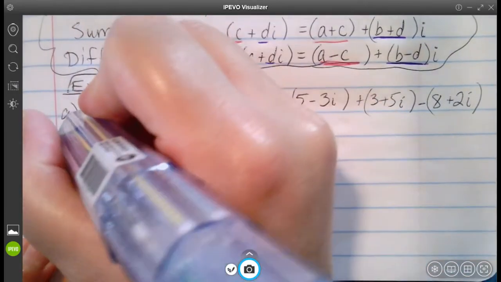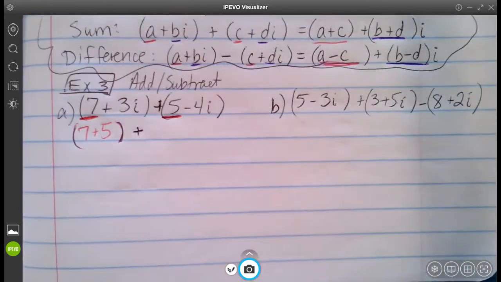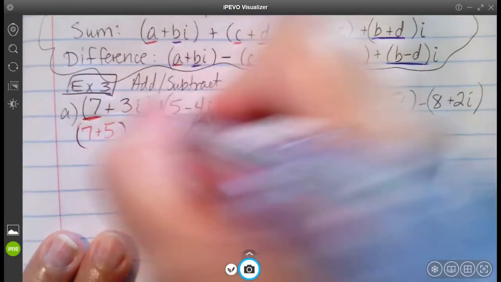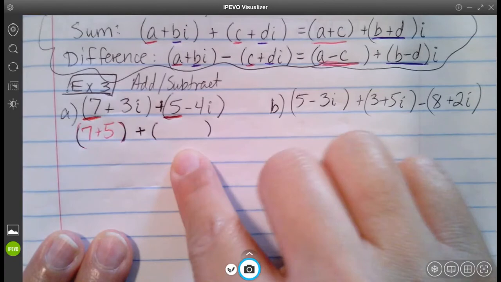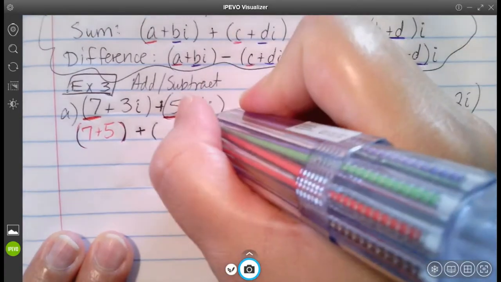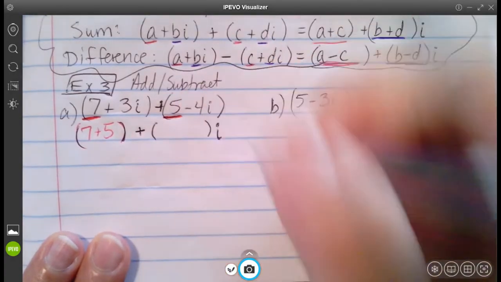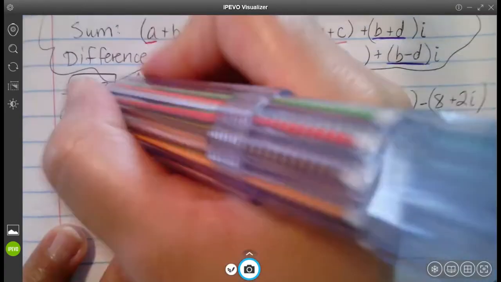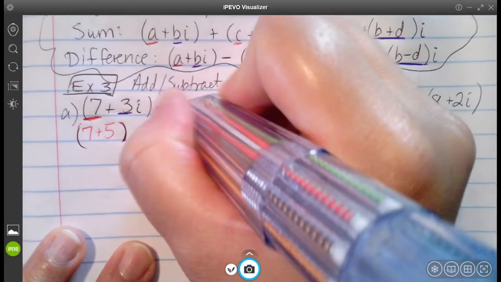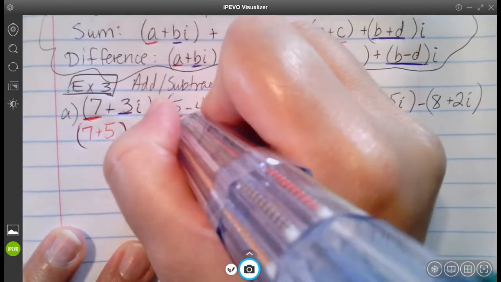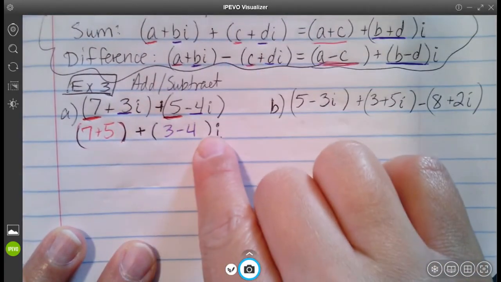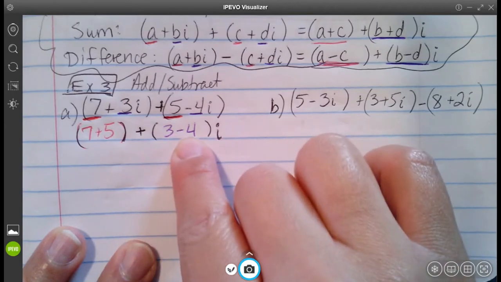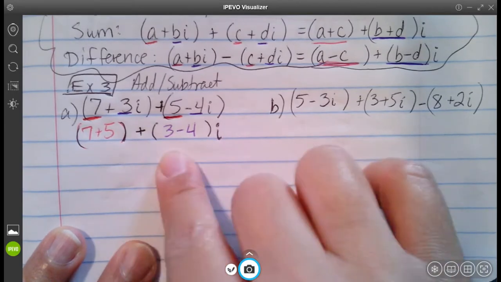Plus, I'll just do the numbers in red, okay? Plus, I'm going to put the other part in here. So according to what I have up here, the i is going to stay out here. And I'm going to just take the imaginary number that's next to it. So that's 3 and -4. So 3 minus 4. And you could say 3 plus -4, but that would be the same thing as 3 minus 4. Okay, so just don't get confused with that.